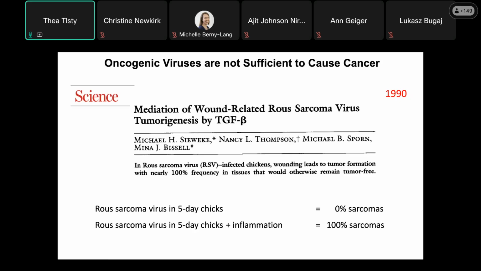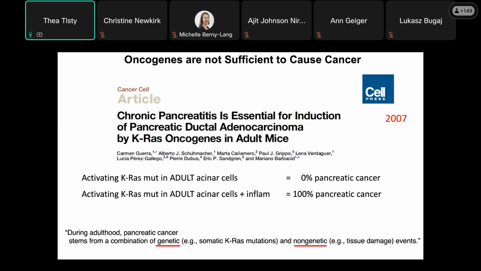You need something else. And I'll finish with this third example, more recently, 2007, where by this time we were able to conditionally express oncogenes in certain tissues. In this Barbacid study, they expressed activated KRAS mutation in adult pancreatic acinar cells, but there was no pancreatic cancer until the animals were provoked to get chronic pancreatitis.